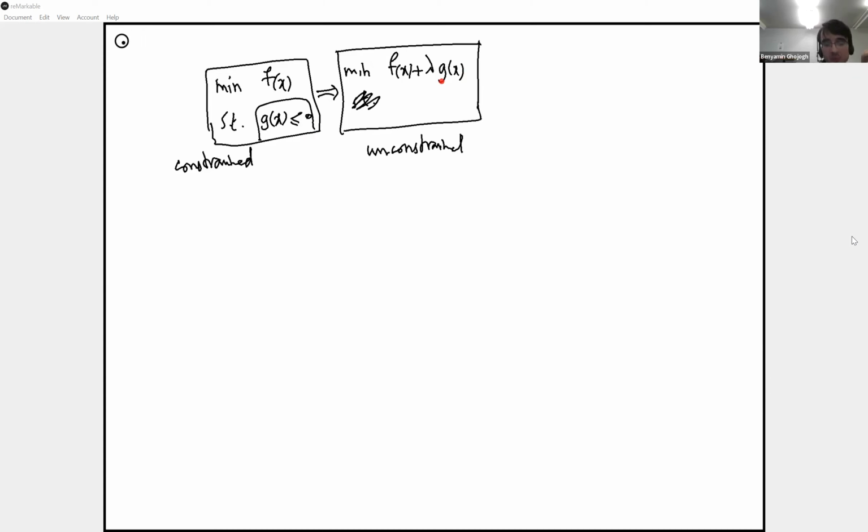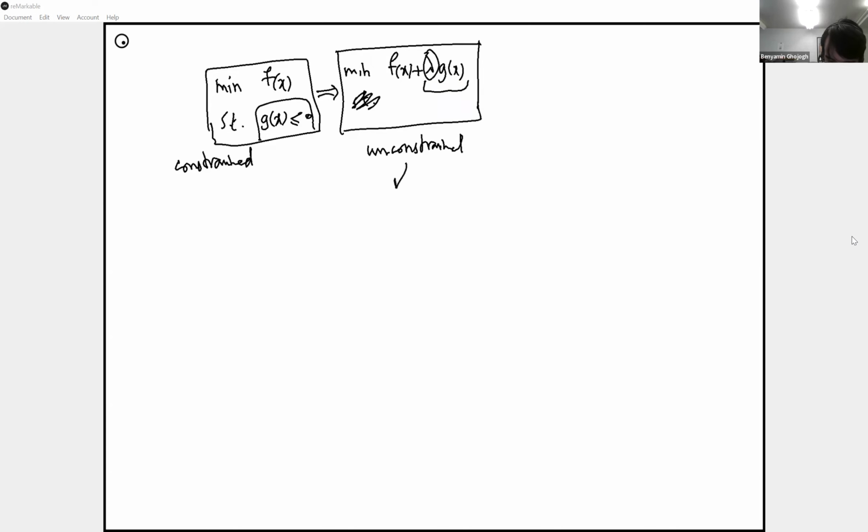So when g becomes large, because g should be less than 0, so it should be small, when g is large, then it should be penalized. This is the same idea that Lagrangian had. So this is a penalizing regularization term. This is the regularization parameter lambda, and this is the regularization term. So we are penalizing. This is a penalty term.